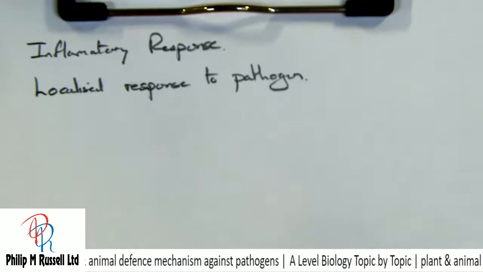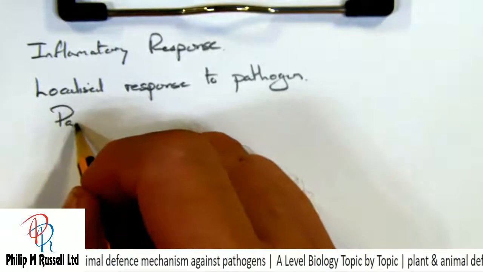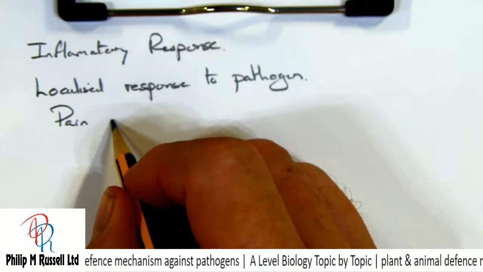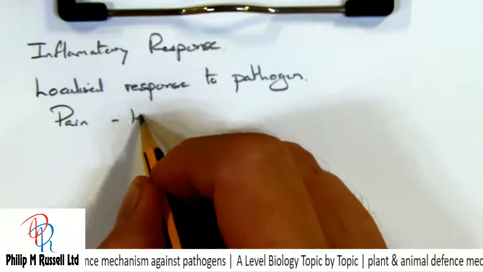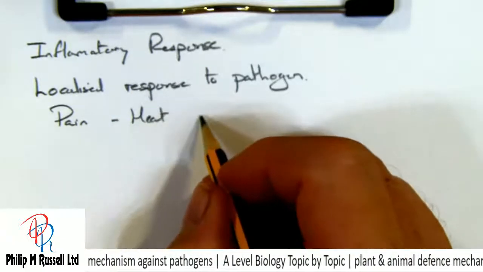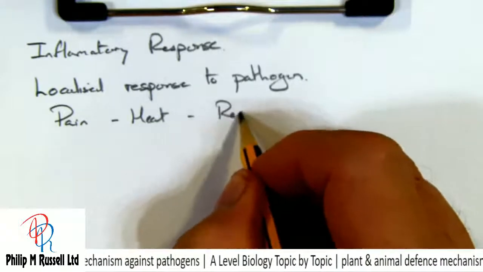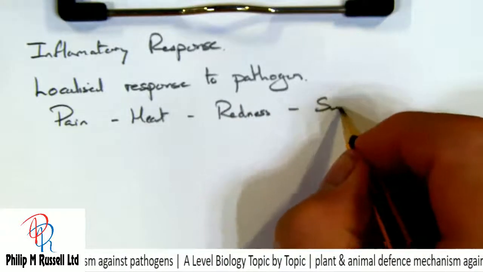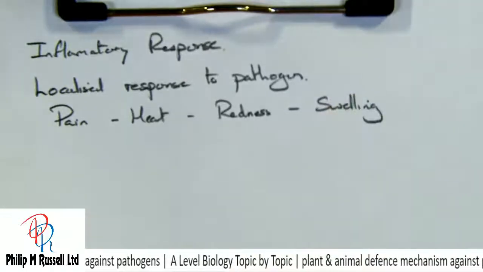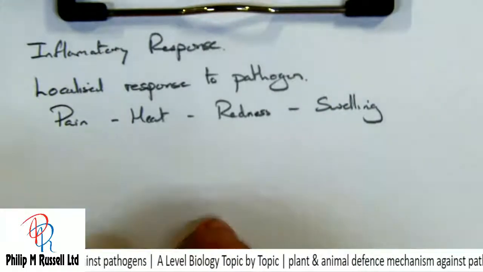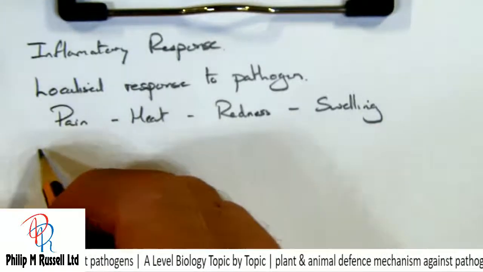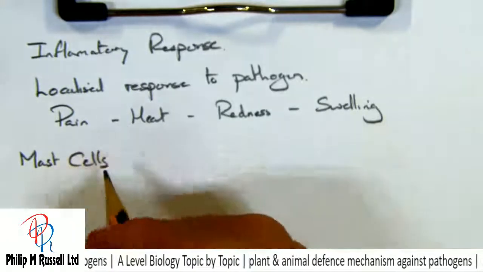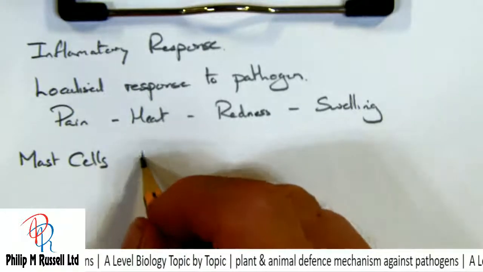Here you're going to feel pain. Often we're going to see heat in a tissue, which we'll often see as redness, and quite often swelling. So these are the sort of things we're going to see. And special cells called mast cells are going to be activated.